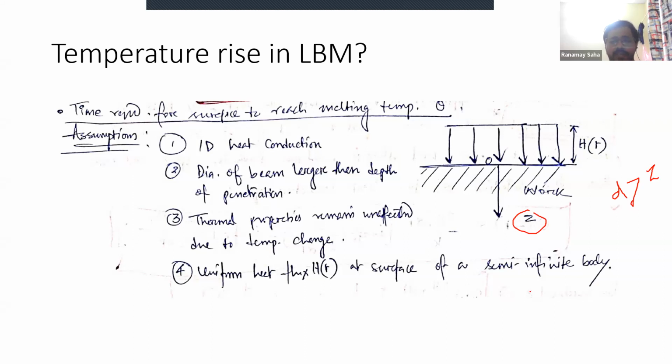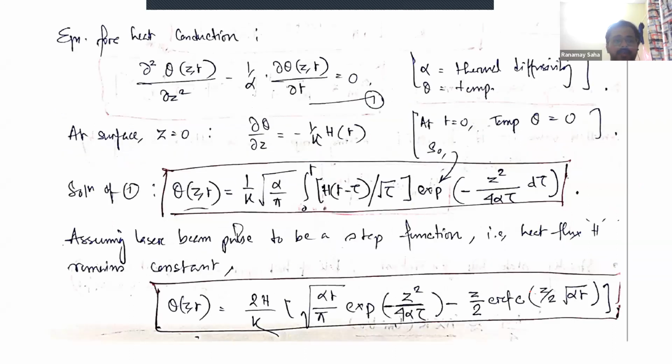And the body is a semi-infinite body, the surface at which we are focusing the laser beam. Considering that, we take the heat conduction equation with alpha being the thermal diffusivity and theta the temperature, similar to what we did in electron beam machining.